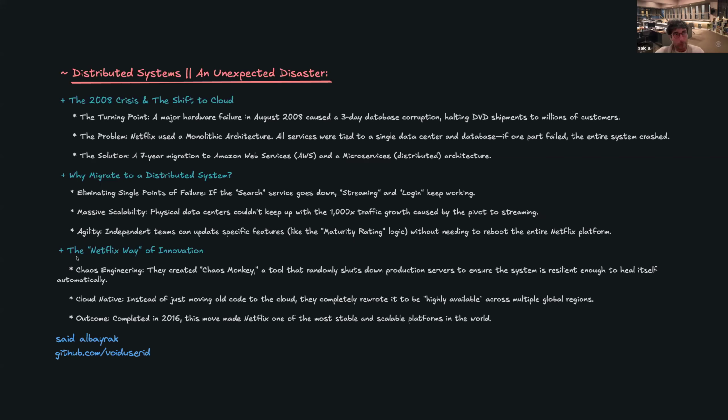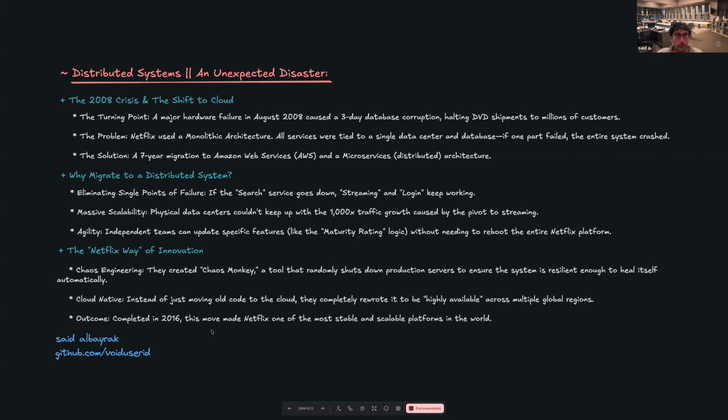So they came up with something good here. They call it chaos engineering. When Netflix migrated to AWS, the first thing they implemented is something called Chaos Monkey. For me, this is an engineering miracle. It's a really amazing tool that randomly shuts down production servers to ensure the system is resilient enough to heal itself automatically.